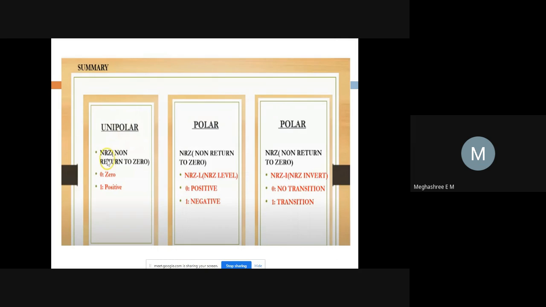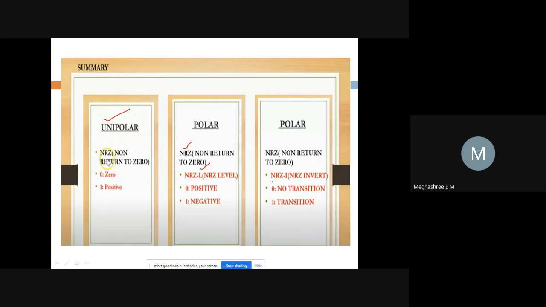Let's summarize. I discussed unipolar till now, in which we completed non-return to zero, where 0 represents 0 voltage and 1 represents positive voltage. Next, we started with polar, where the first technique is non-return to zero level, where 0 bit represents positive voltage and 1 bit represents negative voltage.